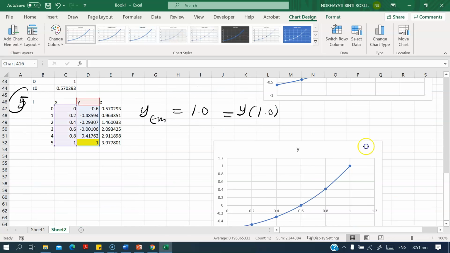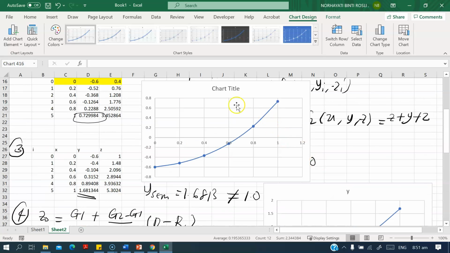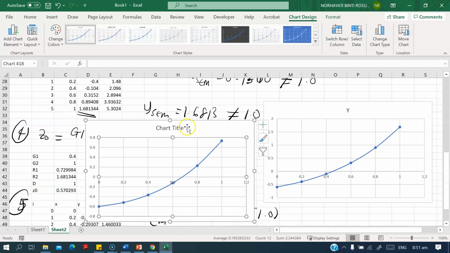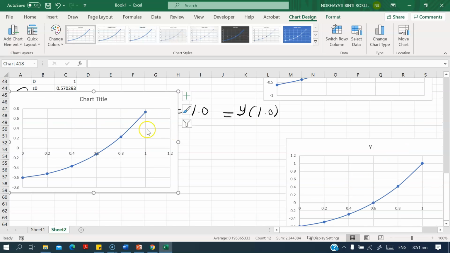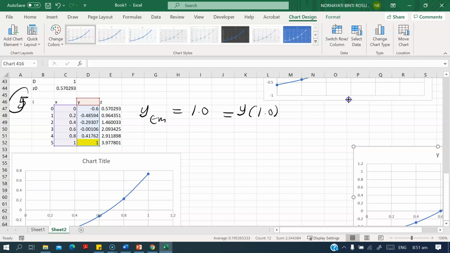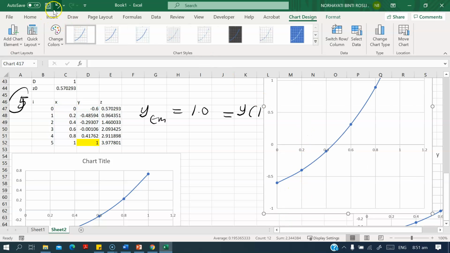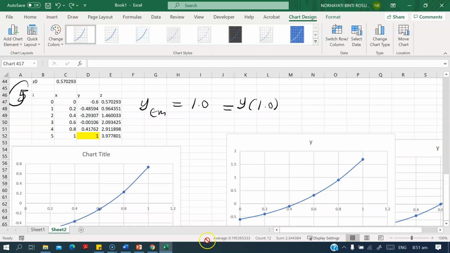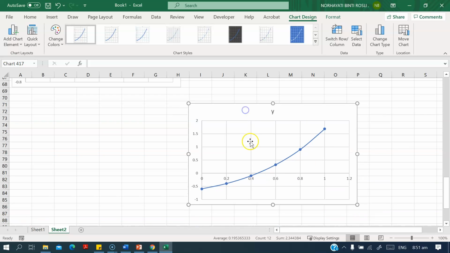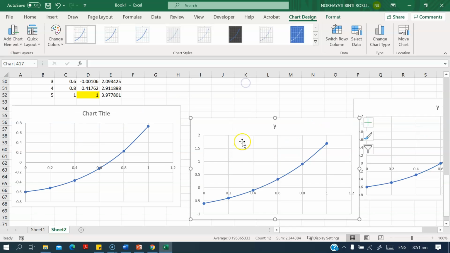It means that what we got here is also wrong. So class, I move this graph here, but please make sure you understand which function and which data each one is from. The last one is the correct one. This one is from the second guess.